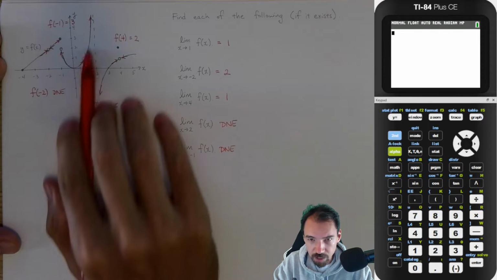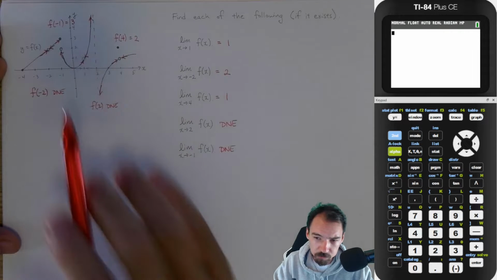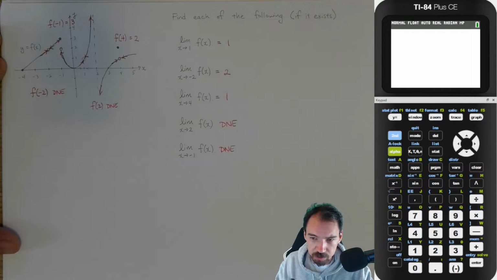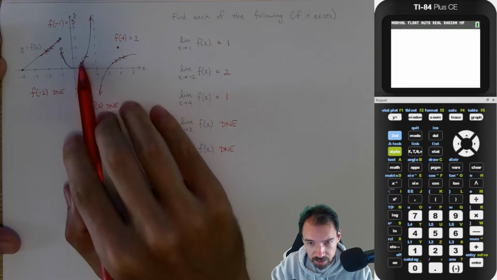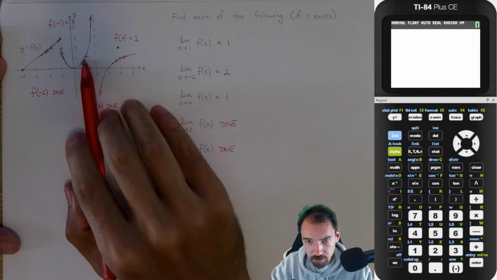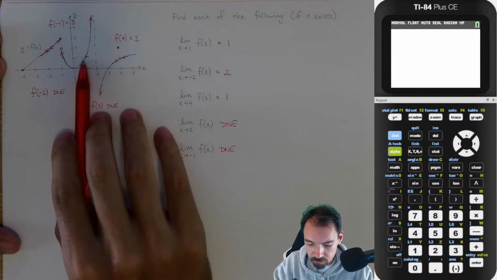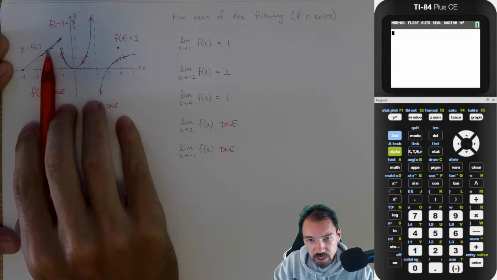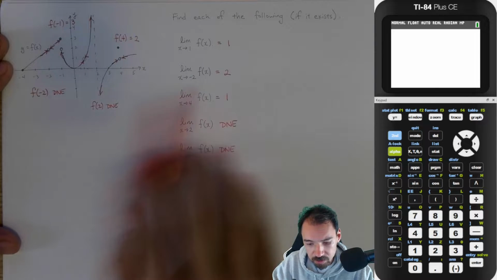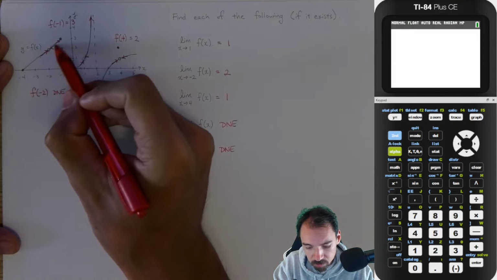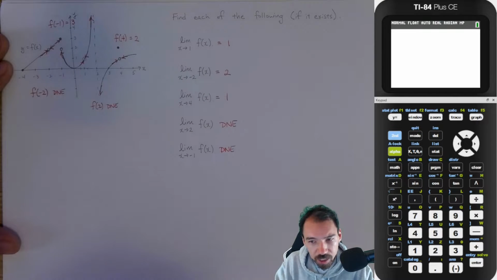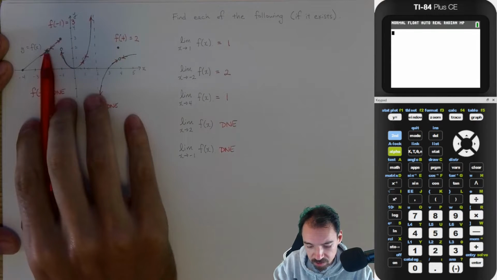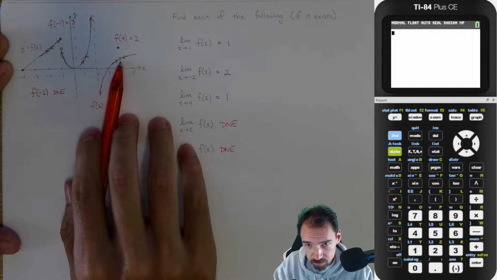Okay, so to quickly recap, right? If the graph is continuous, which we'll talk about a formal definition in a different video, but if the graph is connected, then the y value that I'm approaching is simply whatever the graph is. So in that case, the limit is 1. Even if there is a hole, aka a removable discontinuity, the limit is dictated by what the graph is approaching. So really the location of that hole. Right? We can see that here and we can see that here.